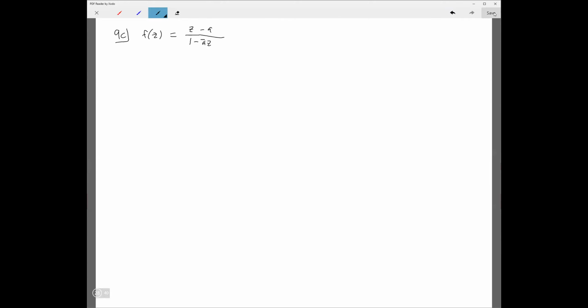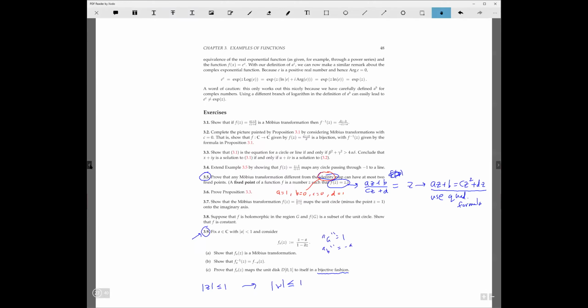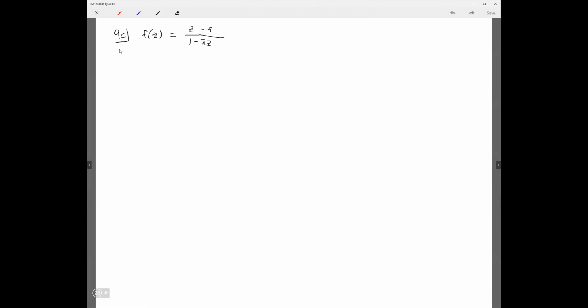So you want to show that it maps the unit disk onto itself. Let me make sure that's what we have. Yeah, that's the one. They also say that the modulus of A is less than 1, but I think if you ignore that, it doesn't matter. I don't think that really comes into play here. So you want to show that F maps the unit disk onto itself.